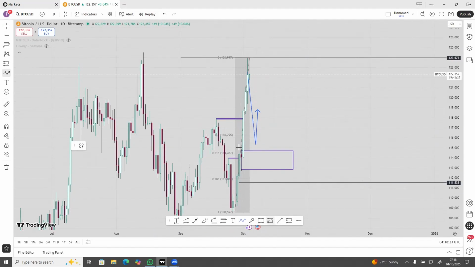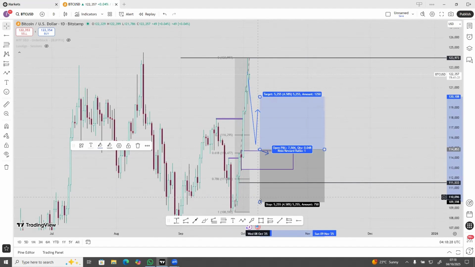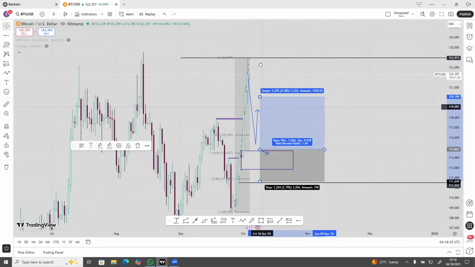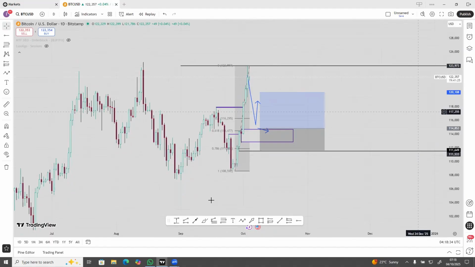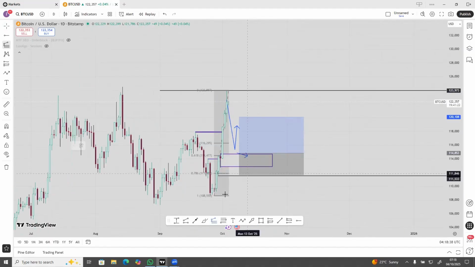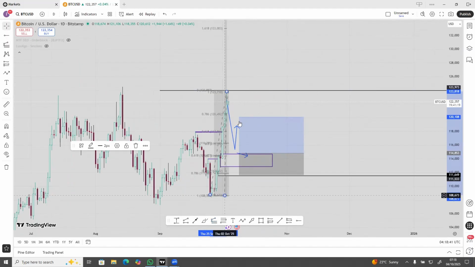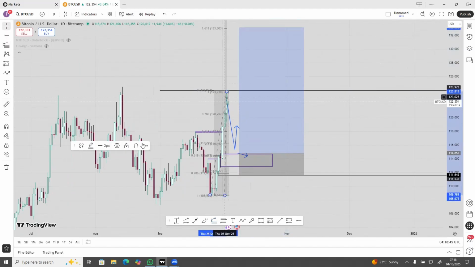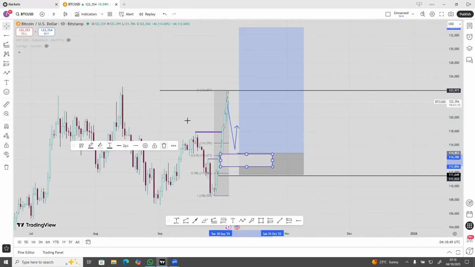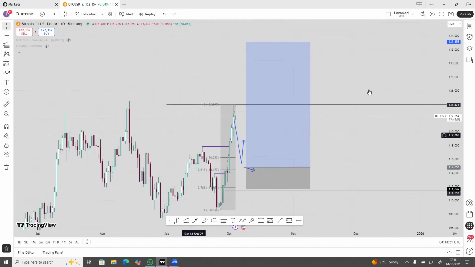So next week, wait for BTC USD to retrace back to this daily demand, and then you can pick a buy from it. After picking a buy, where can we target? You can use the extension tool, and we can target that point. It will be our next take profit target. That is it on BTC USD.